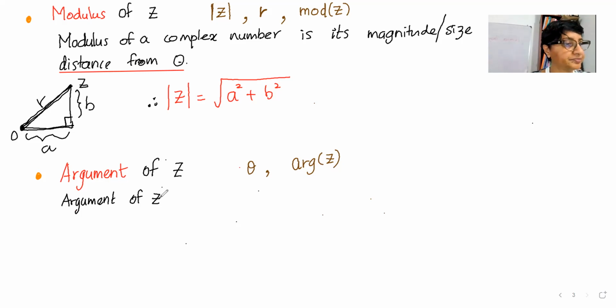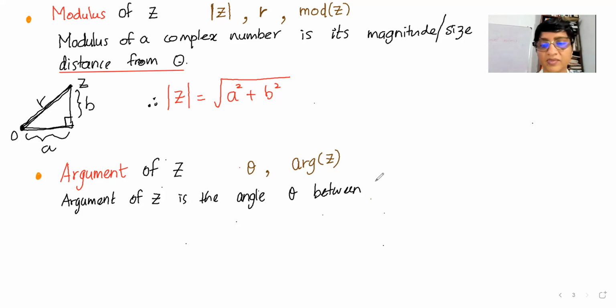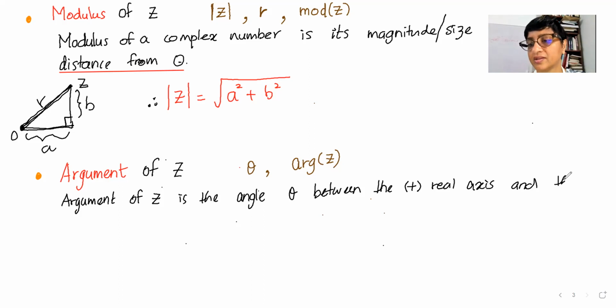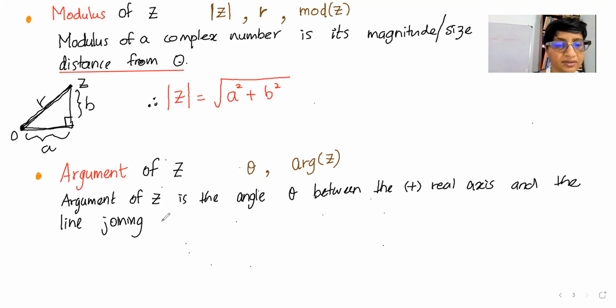Argument of Z is the angle theta between the positive real axis, you can say real line or real axis, let me use the word axis here so that you know both, between the real axis and the line joining Z and 0.